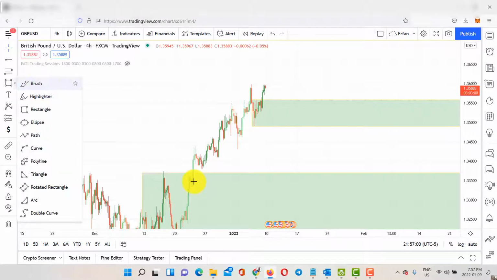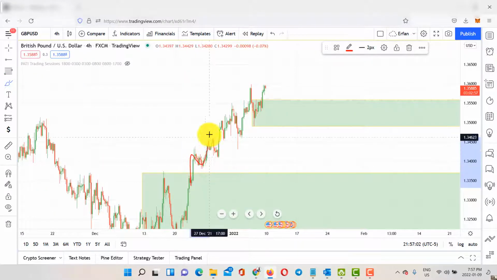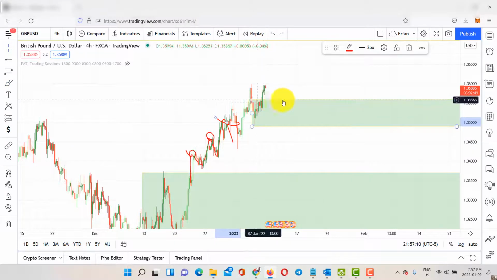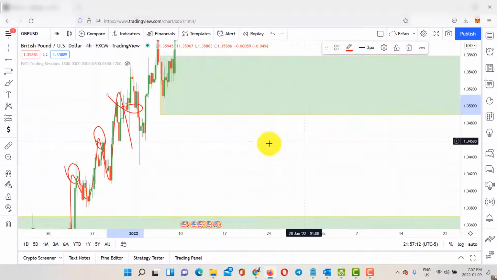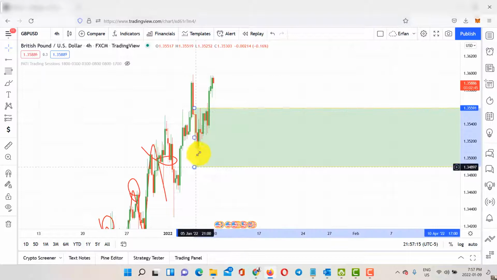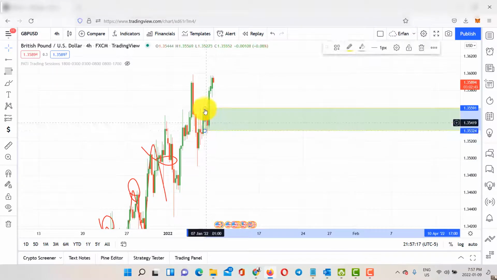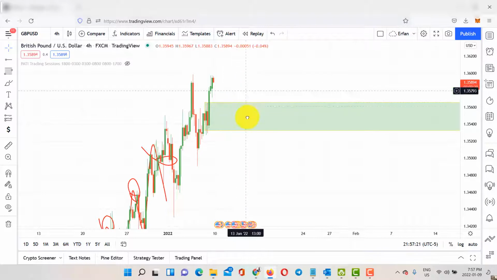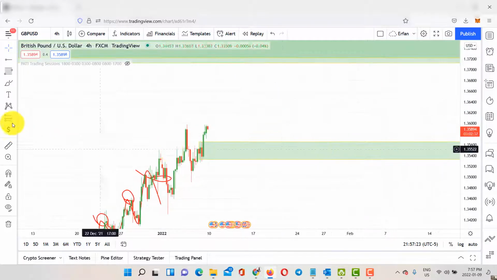So that's why I'm saying it's a really, really good thing here that you identified this one or even this order block here, because it still hasn't been tapped, and then you can take your buy position here and close it somewhere around here if it gives you a very clear momentum. So you put your stop loss, you put your buy stop here, and then you take your position right here.